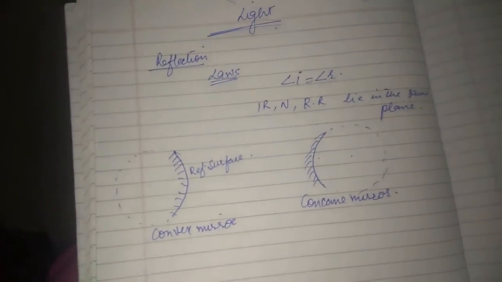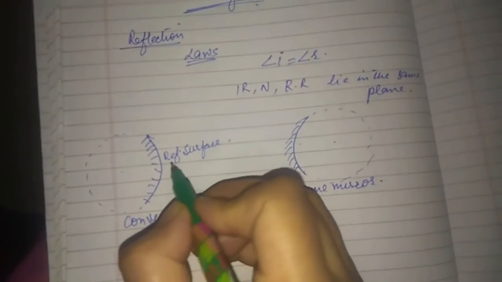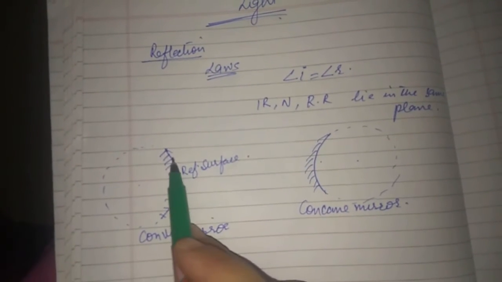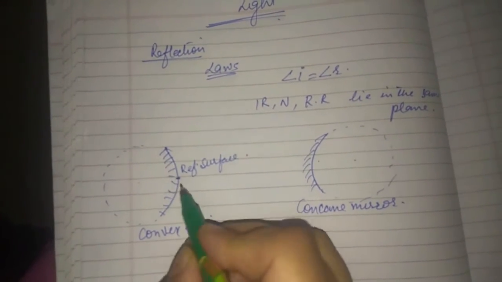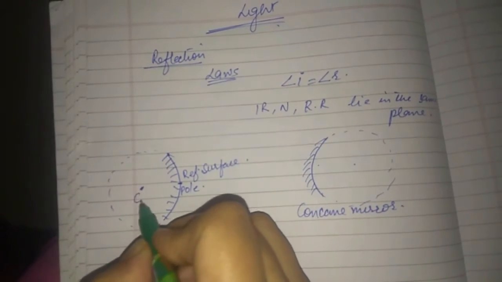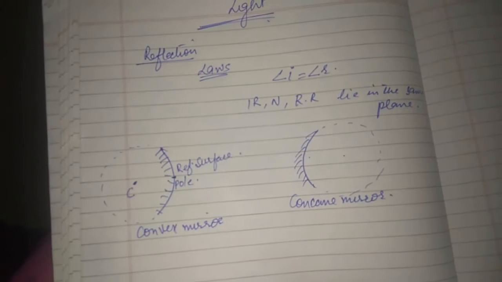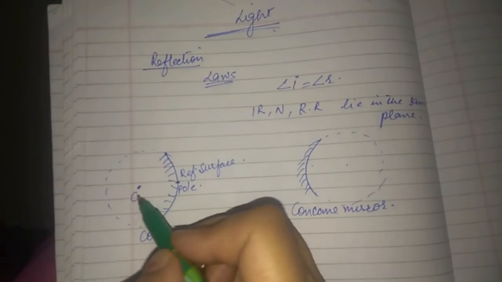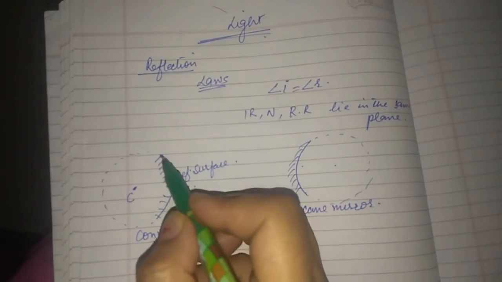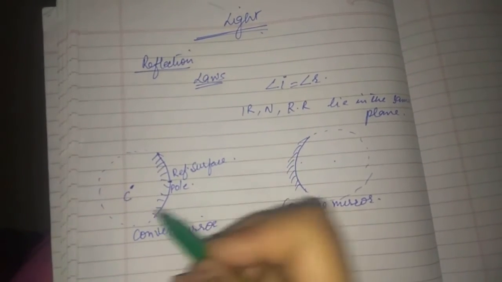Now, some of the terms which we use for spherical mirrors: this point which divides the spherical mirror into two equal parts is called the pole. This is the center of curvature. Basically, this is the center of the sphere from which you have made this spherical mirror.